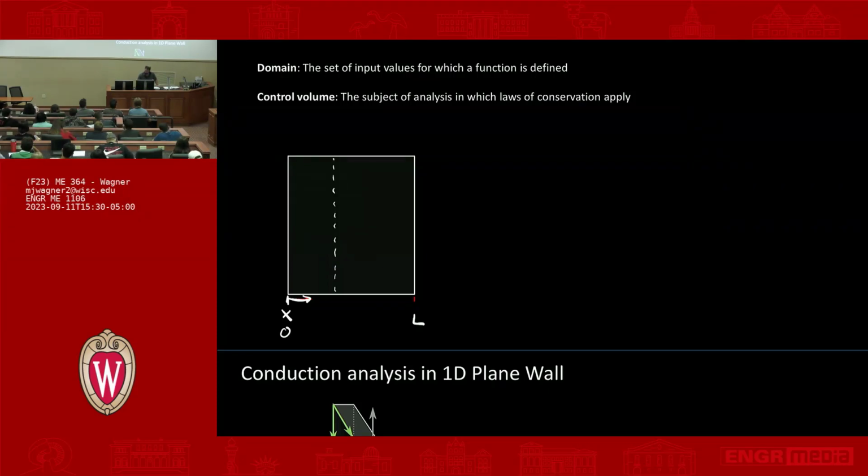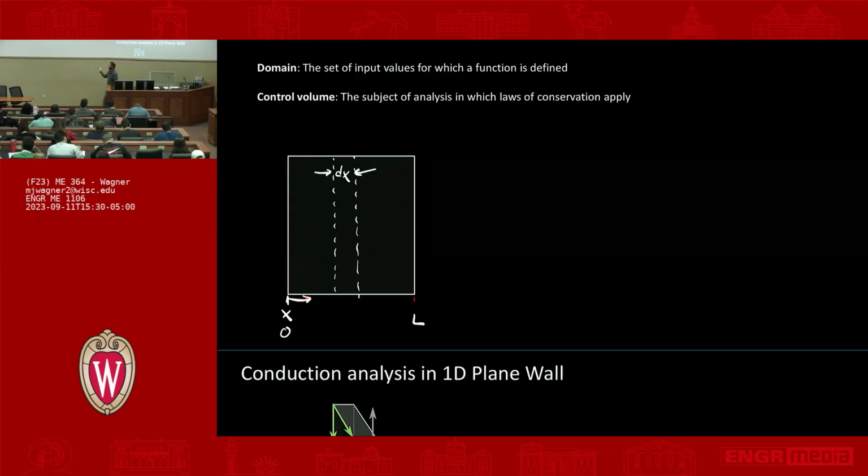So I have one coordinate, x, that I care about. I'm going to draw a control volume. This is like an infinitely small slice. And so the width of this control volume here is dx, right? A differentially small slice in the direction that I want to model. So that's really important. We have a 1D problem.